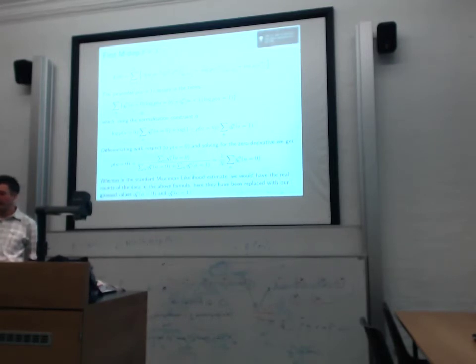But using the fact that P of A equals 0 plus P of A equals 1 is 1, we can write this all in terms of P of A equals 0. So we'd have log P of A equals 0 times this term here, the sum over n of those. This other term is log of 1 minus P of A equals 0 times the sum of this over n.